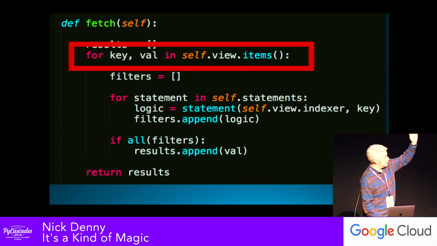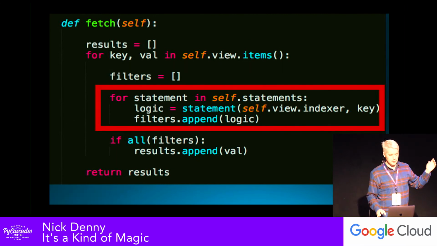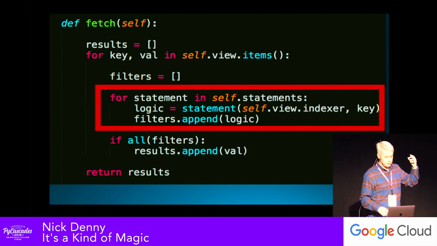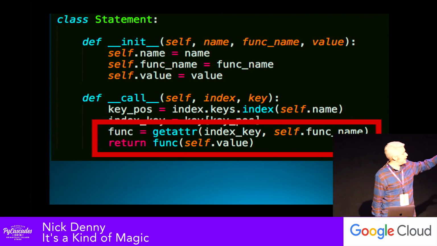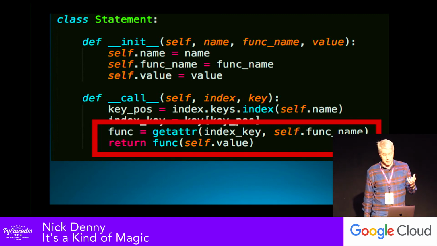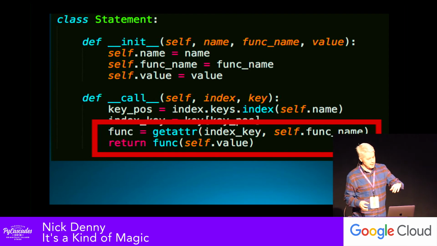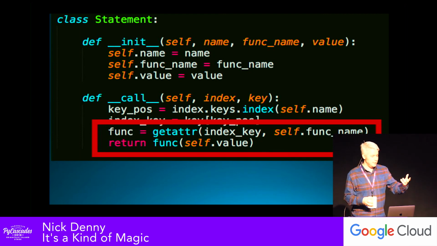So key, value, items. Pretty simple, which is iterating through. And then in the statement, we're going through each statement, and we call the statement. So we're back in this call function here, and really the key thing is, because we stored the attribute name, we can then get the function name. So the getattr here is actually getting the dunder LE or GT method for the value, the object you passed in.